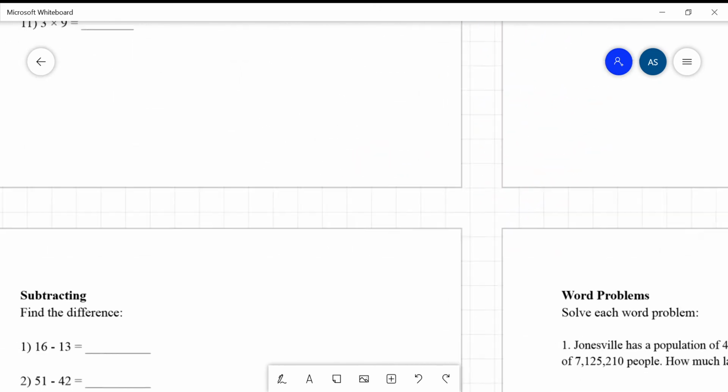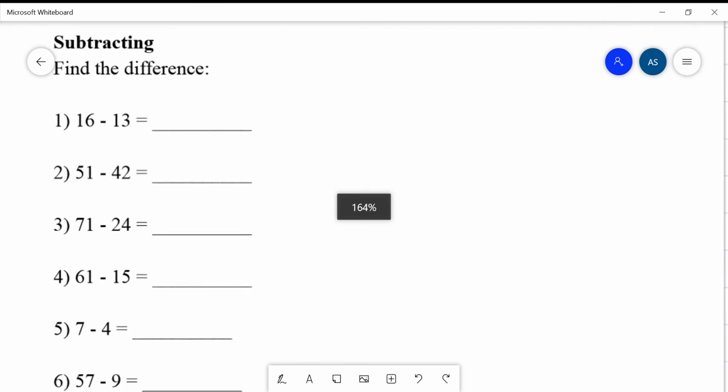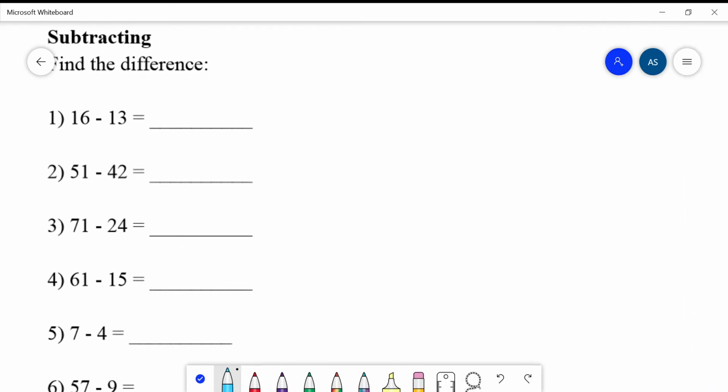We have subtracting. I believe you should know how to do subtracting. You're going to subtract the bigger number minus the smaller number. So wherever this minus sign is next to, that is the number you're subtracting. And so subtraction is easier if you put the smaller number at the bottom and then the bigger number at the top, right?